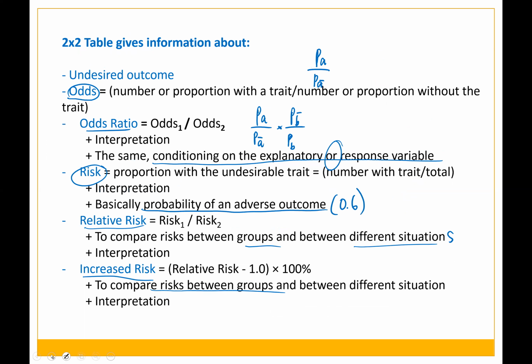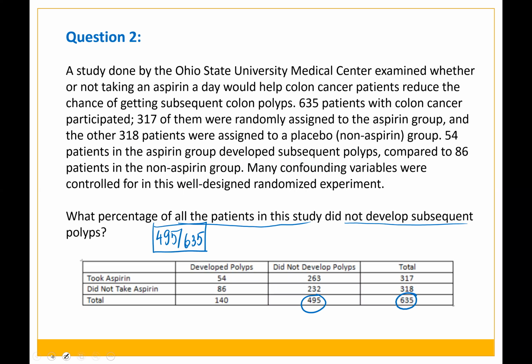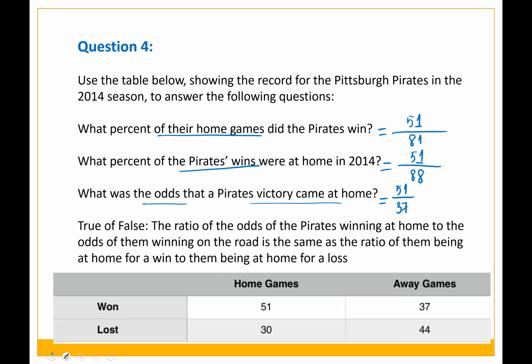So the odds is the number with a trait over the number without a trait. So the trait here is that the victory came at home. So came at home is the trait, and without the trait it's going to be not at home. So it's going to be a win and not at home, which is away games, which is 37.